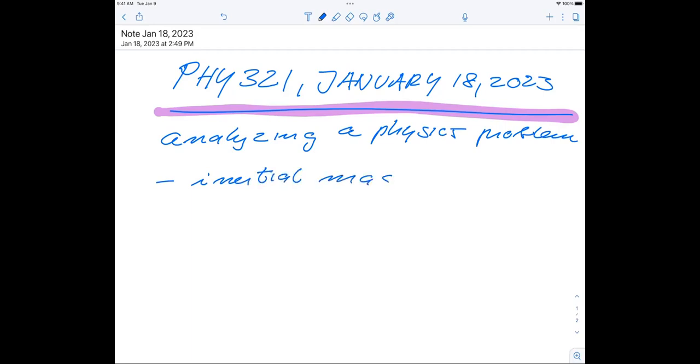That's probably a word you've seen in different contexts. An inertial mass is determined by measuring the acceleration for a given applied force on an object.